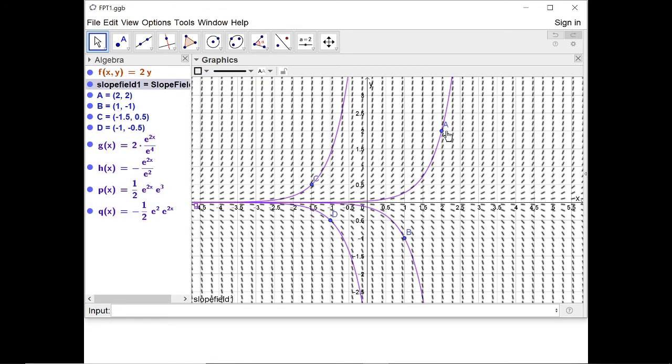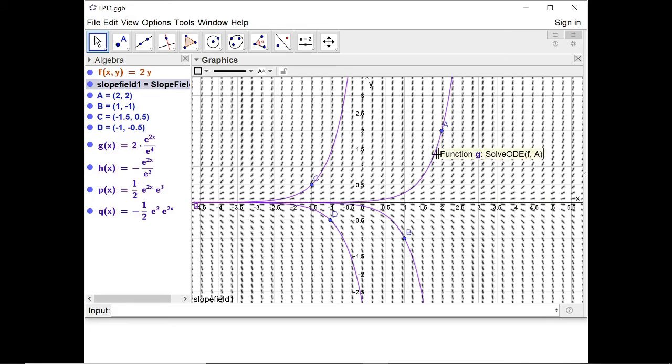Okay, and now I can start to see some of the differences and some of the similarities between the particular solutions. So in the same way that during the investigation of curves topic, we look for properties that were common to all and unique to some, I can do the same sort of thing here.